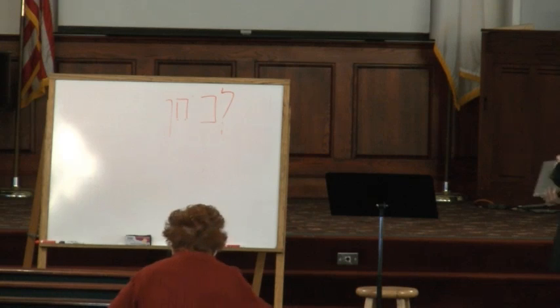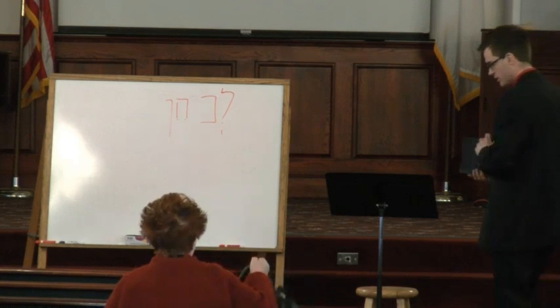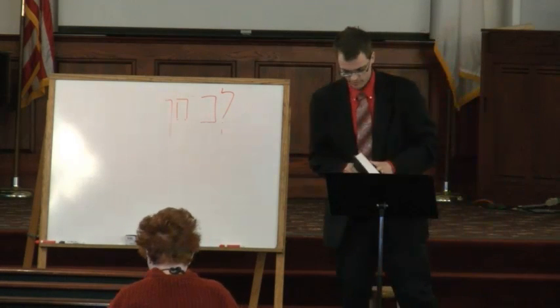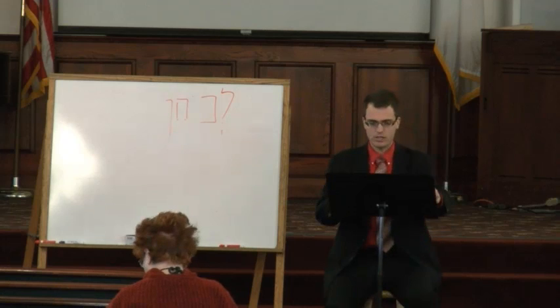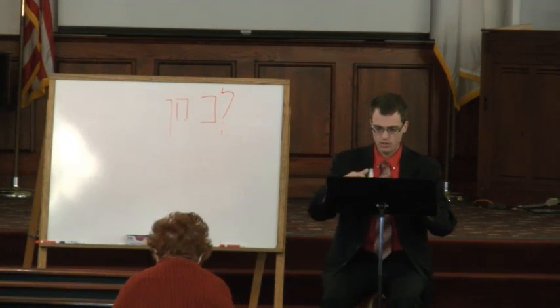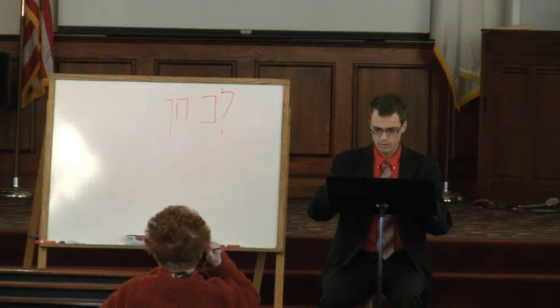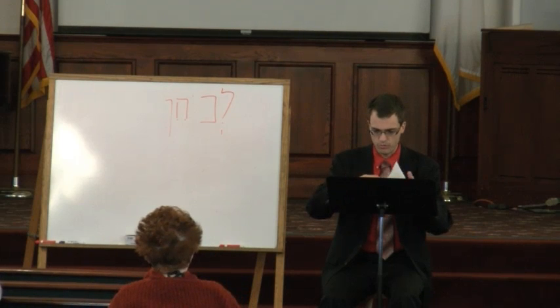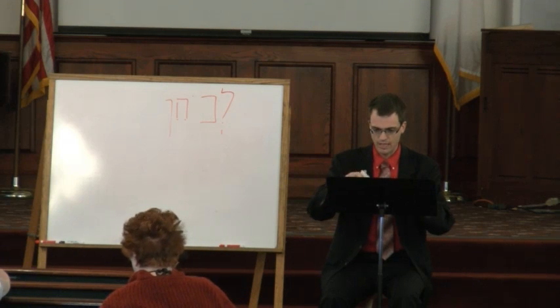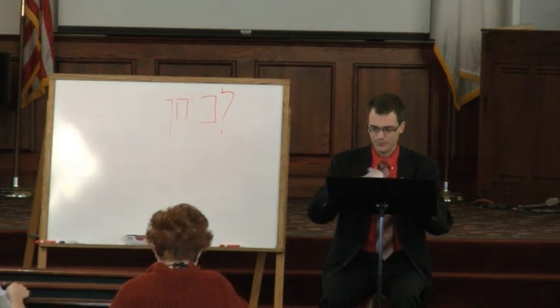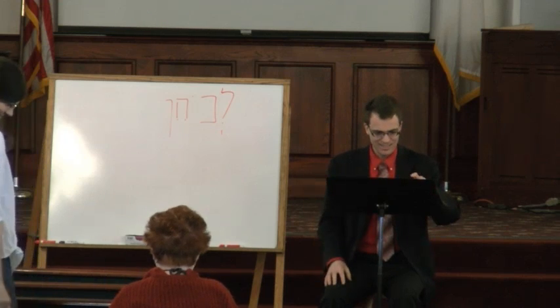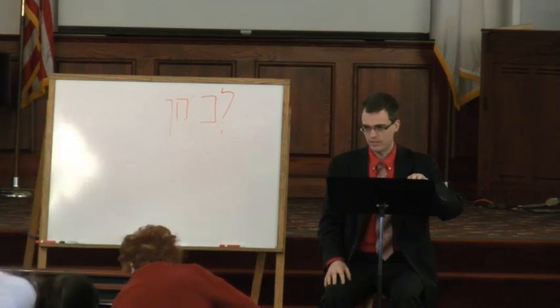Do you guys have your Hebrew Bibles with you? Oh, good. So we'll go to Numbers chapter 6, and we're going to read it. Actually, I'm going to read the first 2 verses, and Heath, if you're brave enough, you can read the last one. Yeah, so Numbers 6.